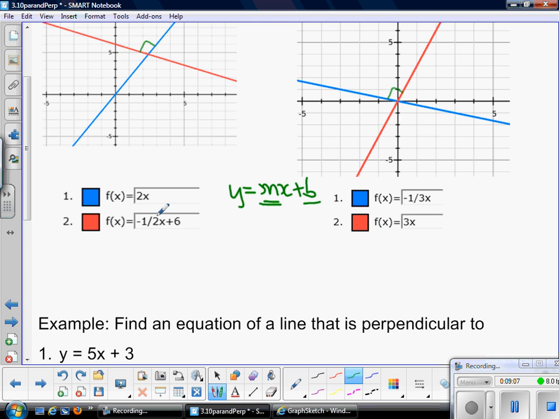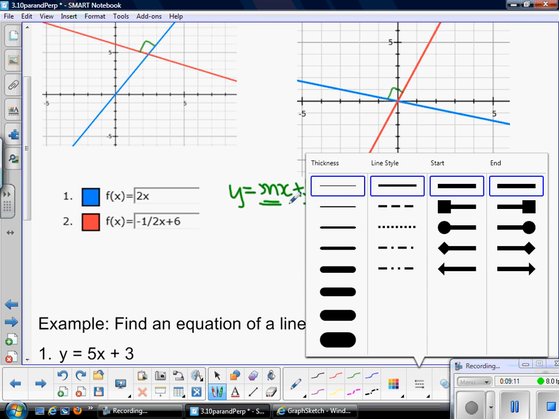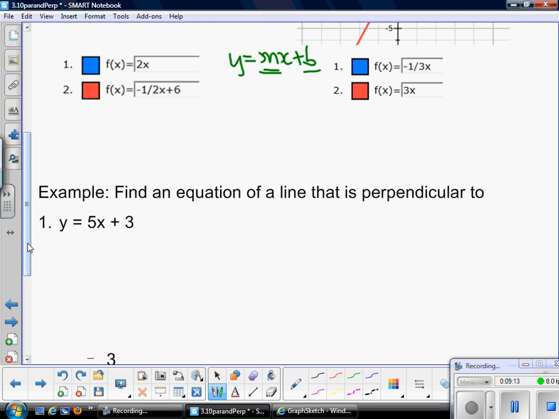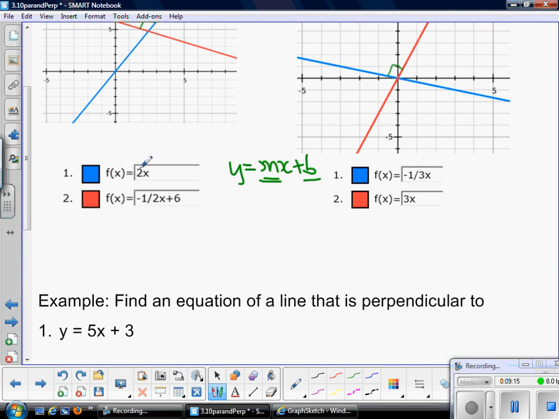So hopefully you recognize that there is something going on with the slopes. Let's take a little bit closer look, and I'm going to use the blue for a second because we're actually kind of discovering what that would be. The slope for this one is 2, and the slope for the perpendicular one, and the little symbol we use for perpendicular looks like this. I don't know if you've seen that before. Kind of looks like an upside down T. Now its slope is negative 1/2.